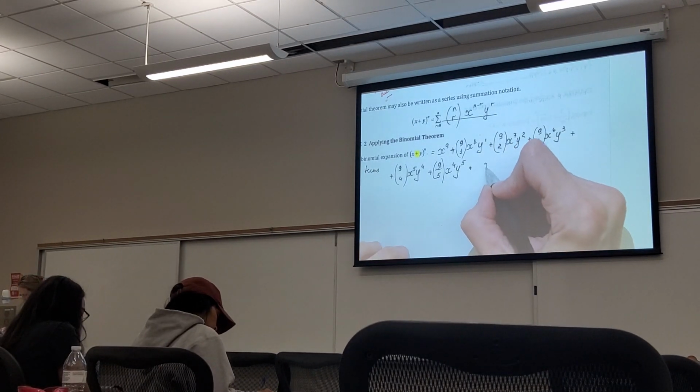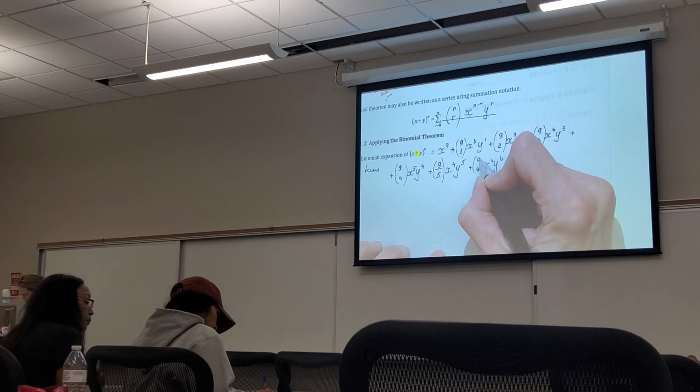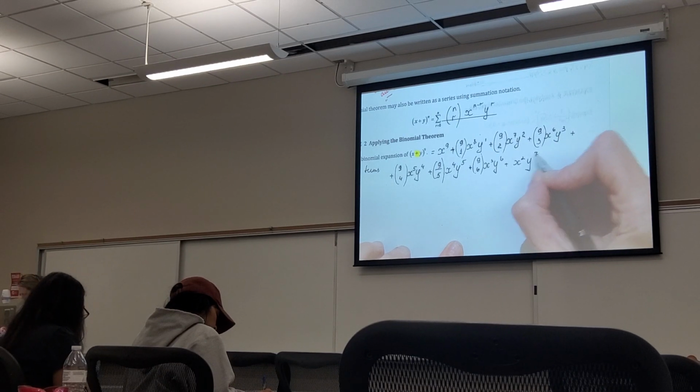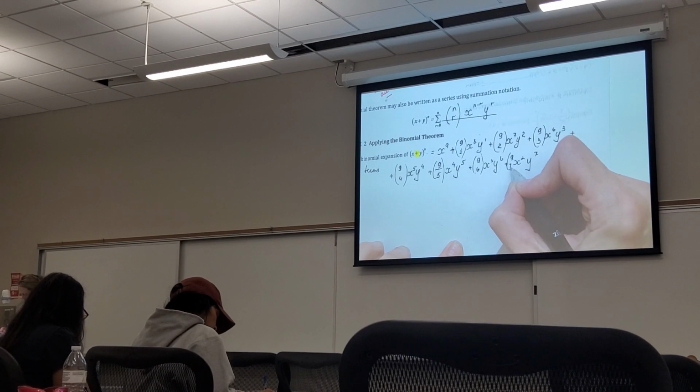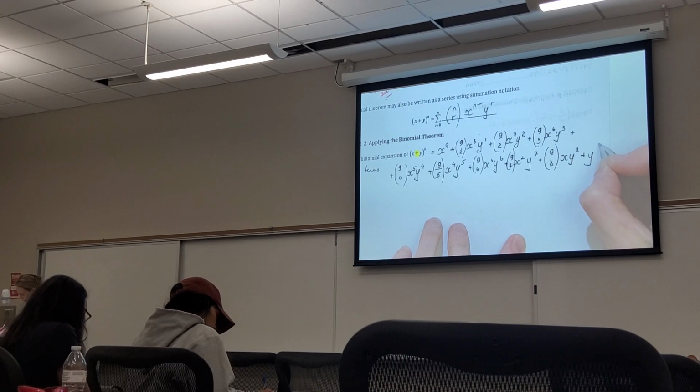Keep going: x cubed, y to the 6th, therefore, 6 out of 9, plus x squared, y to the 7th, therefore, 7 out of 9, plus x, y to the 8th, therefore 8 out of 9, and the last one will give me y to the power 9.